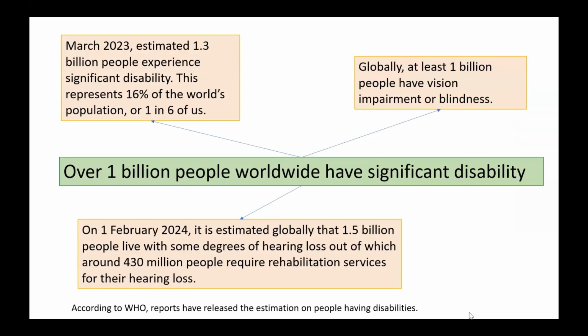More than 1 billion people worldwide have a disability of different kinds, and we can clearly see the estimates of how it affects people globally.